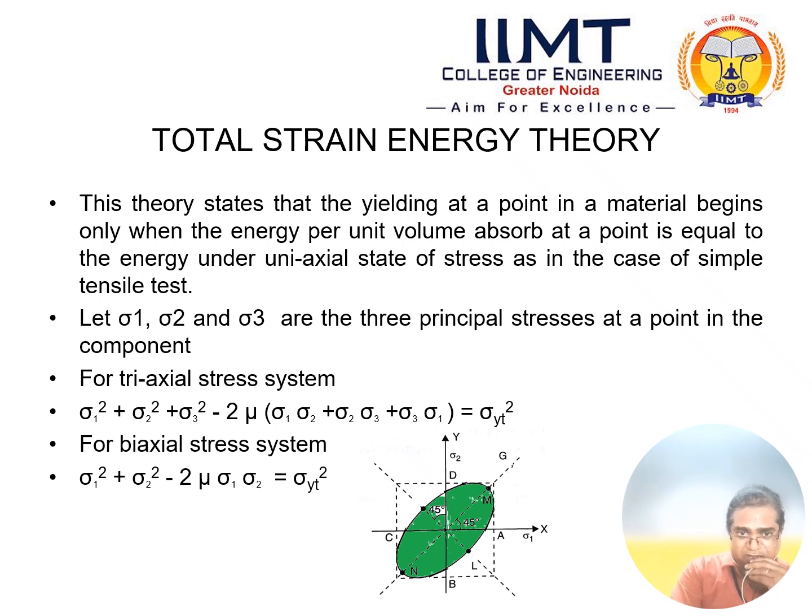So we are saying this for the biaxial stress system. As for the triaxial stress system, the figure is three dimensional, so that is impossible to show on this 2D diagram.